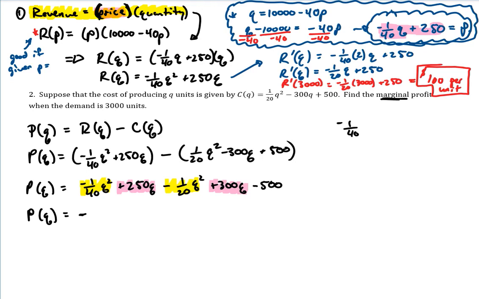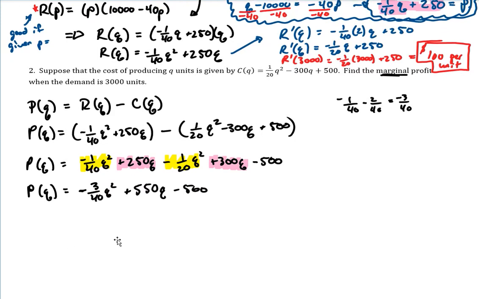The common denominator looks like it'd be 40, so I need to multiply this by 2, and it looks like my scratch work tells us it'd be negative 3/40ths Q squared, and then the pinks add up to be 550Q, and then our minus 500 still at the end. Okay, so there's our profit function. So we found the profit function.